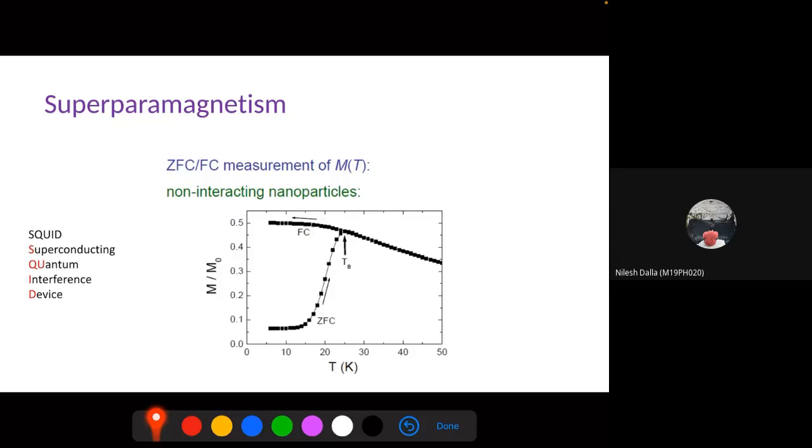But this blocking temperature is not a phase transition. We are not going from a superparamagnetic system to a non-magnetic system. It is always a ferromagnetic system. What is happening is a transition from a frozen or blocked state to an unblocked fluctuating state. So it is not really a phase transition, and one has to be careful about that.